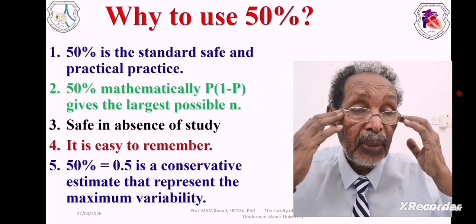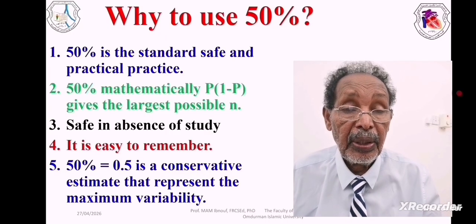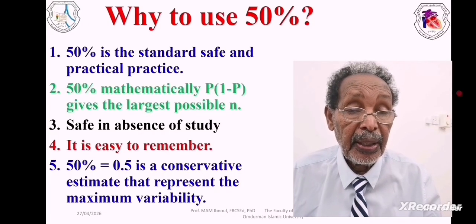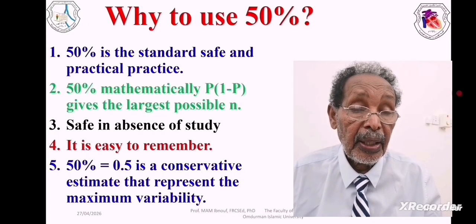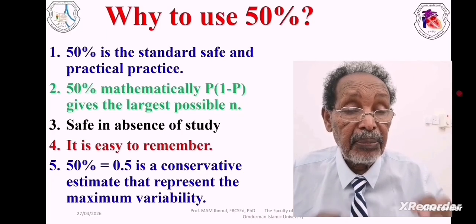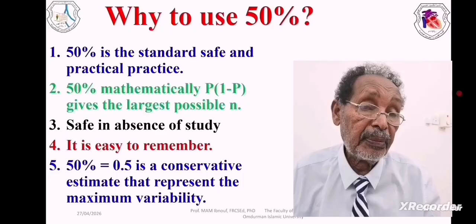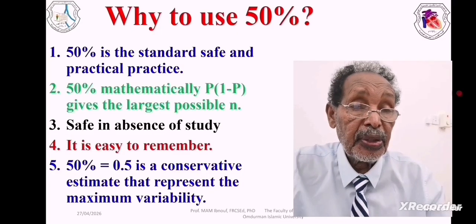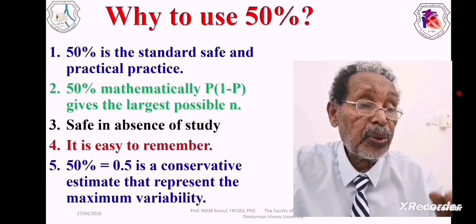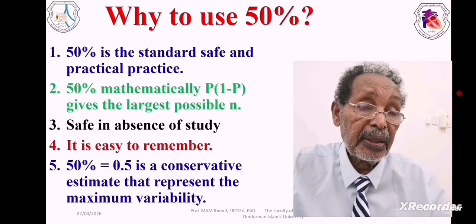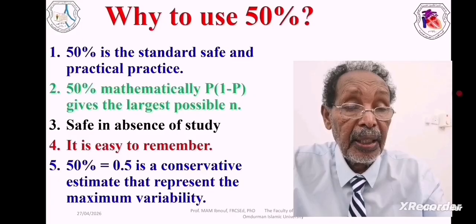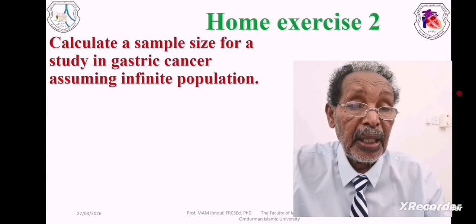And it is easy to remember. 50%, which is written as 0.5, is a conservative estimate that represents the maximum variability. It is commonly used, and if we use it, we do not need any figure from our side. We can just calculate, and the sample size will be fixed all the time.